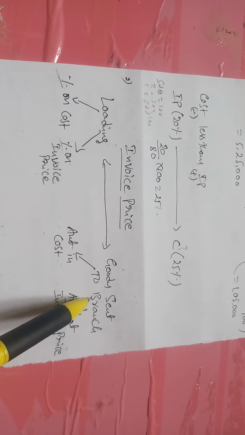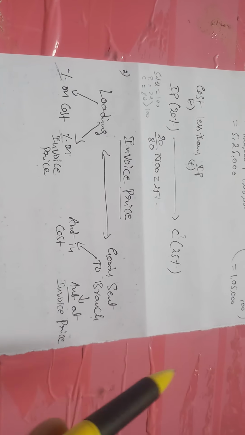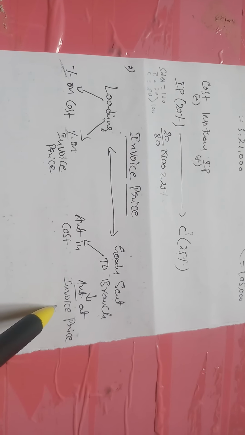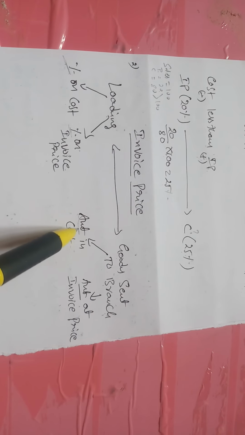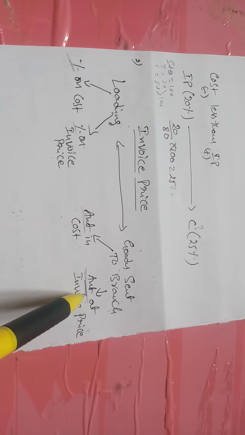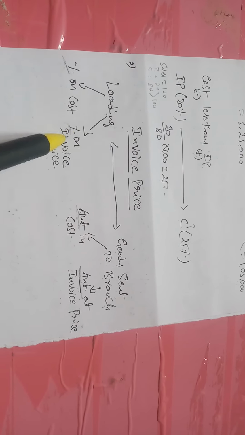Next, goods sent to branch. This is based on cost or invoice price, but goods sent to branch is always on an amount base, not percentage base, but loading is always percentage base.